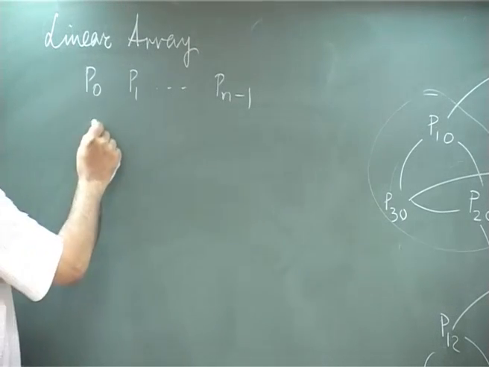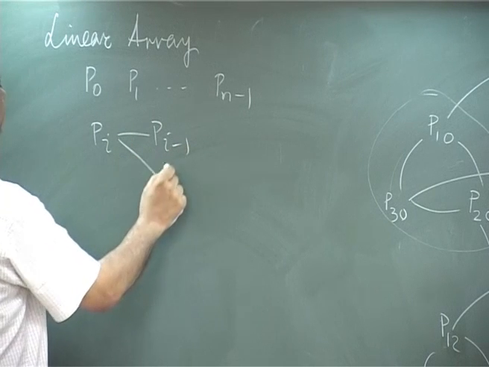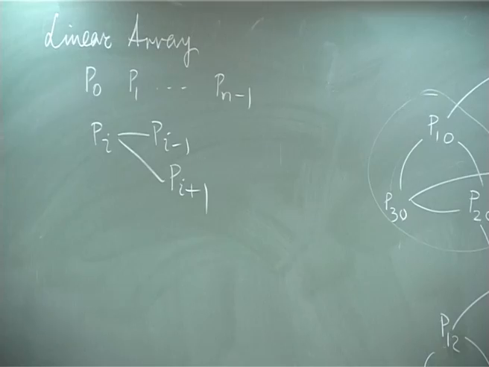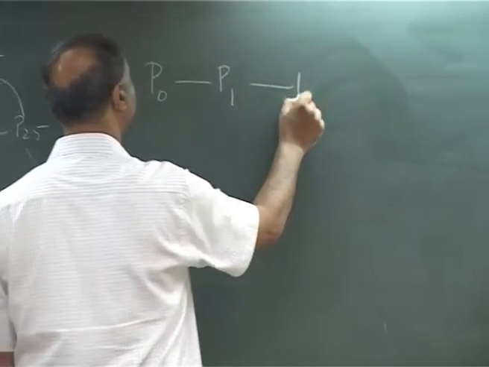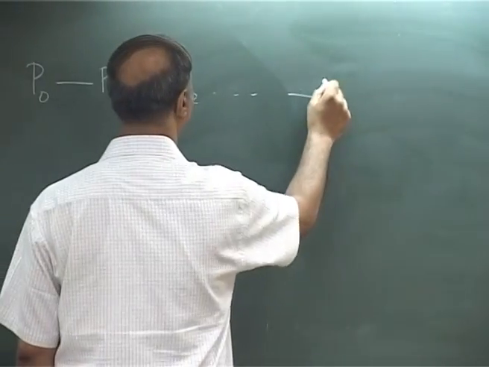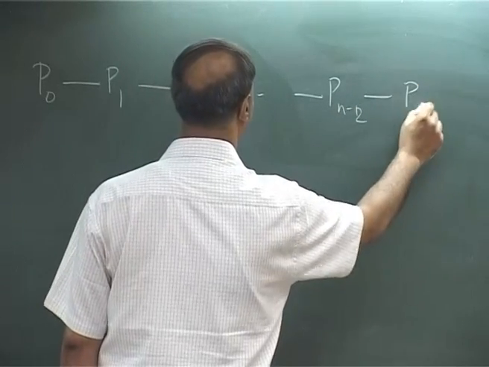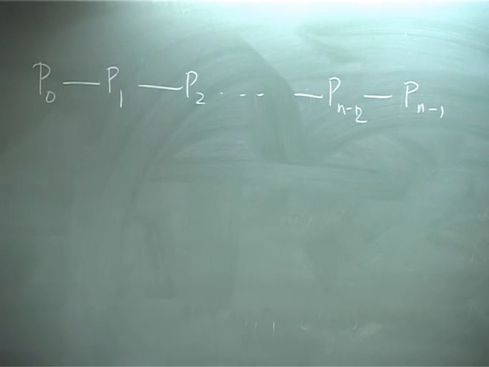It means Pi is connected with Pi minus 1 and Pi plus 1, provided they exist. The structure looks like P0, P1, P2, up to Pn minus 1, and these connections are bidirectional.